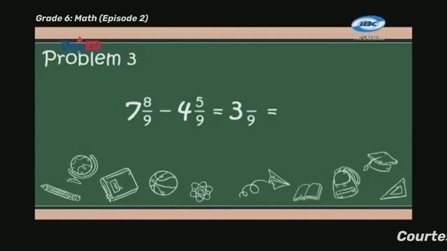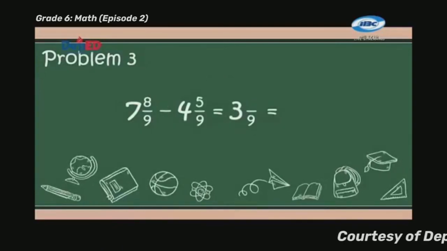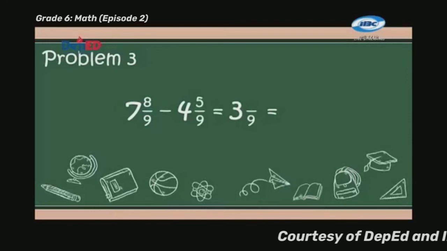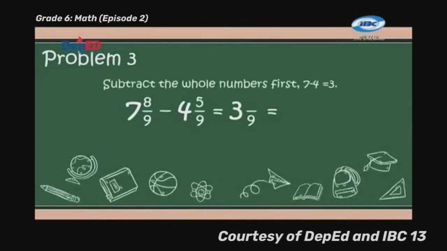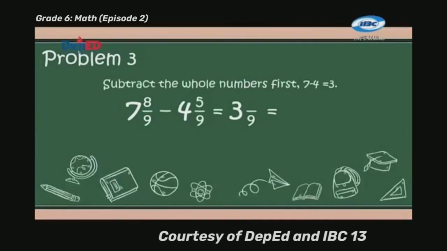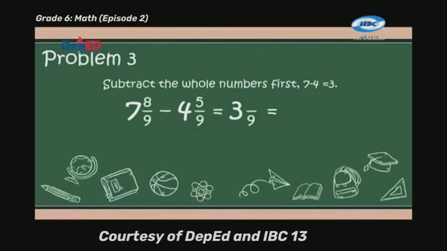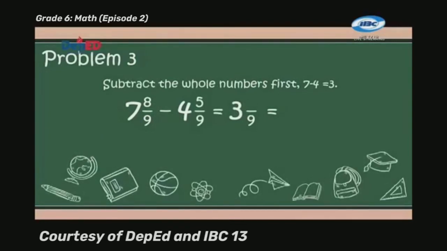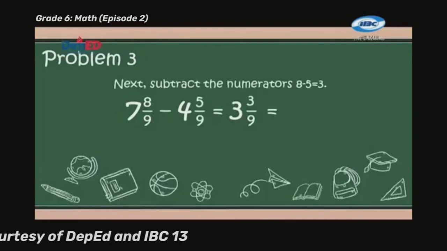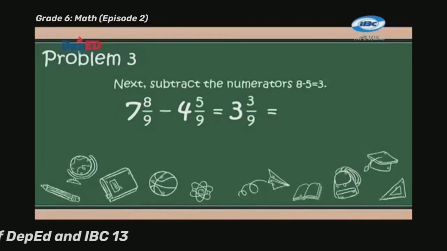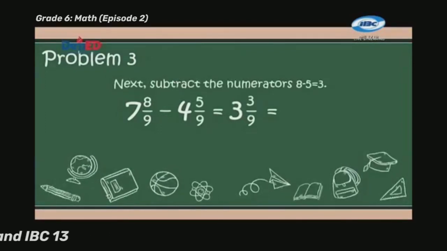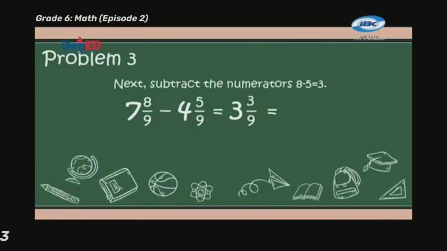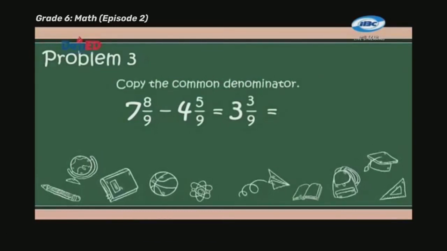Number 3. This time, we are subtracting mixed numbers and similar fractions. We subtract first the whole numbers. 7 minus 4 equals 3. Next, subtract the numerators. 8 minus 5 equals 3. And copy the common denominator, 9.